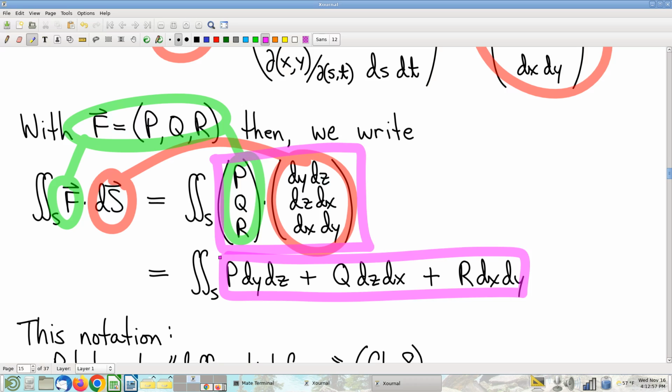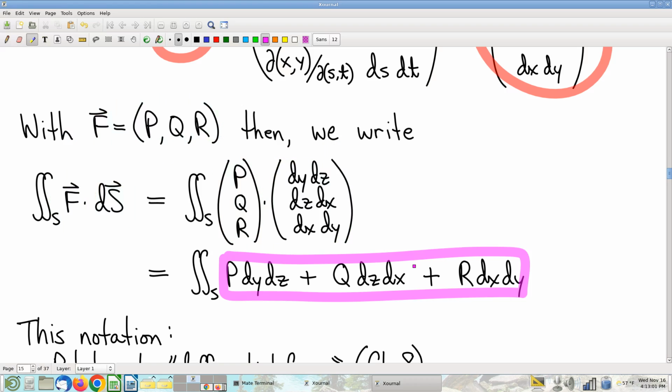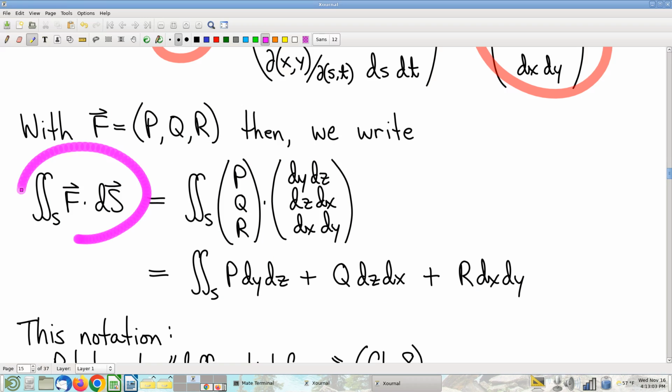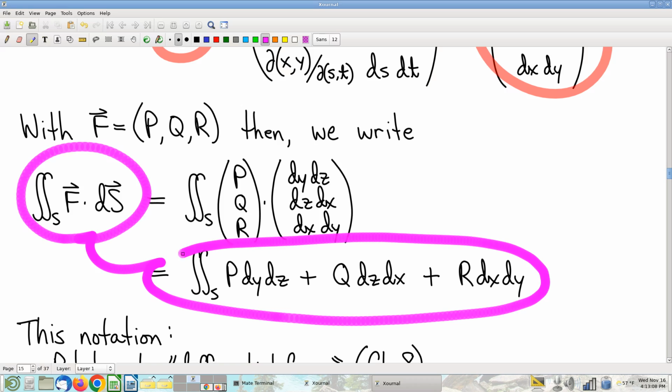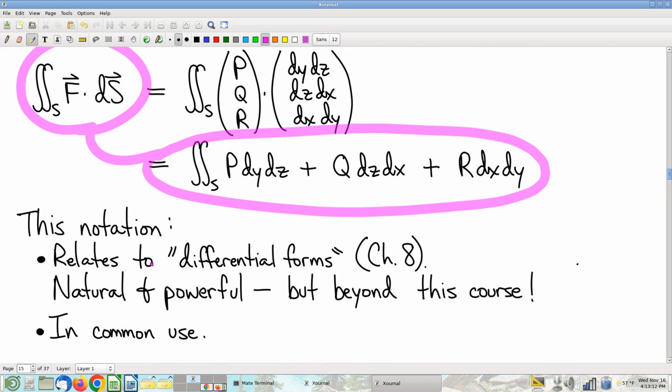And lo and behold, we have a new notational alternative for flux, which can instead be written like that. And these are coordinate surface integrals.